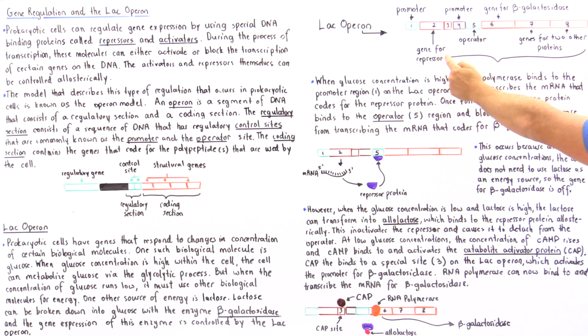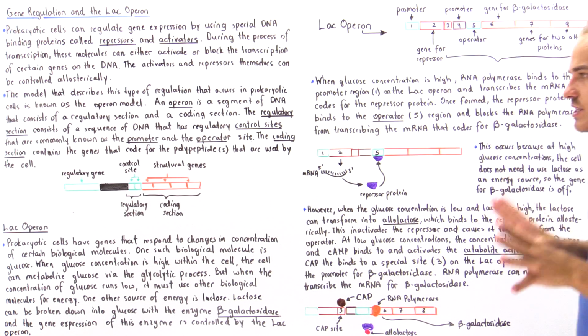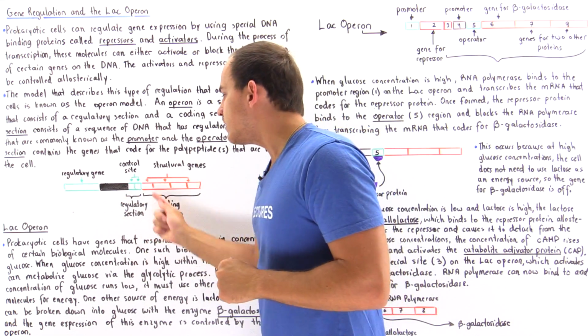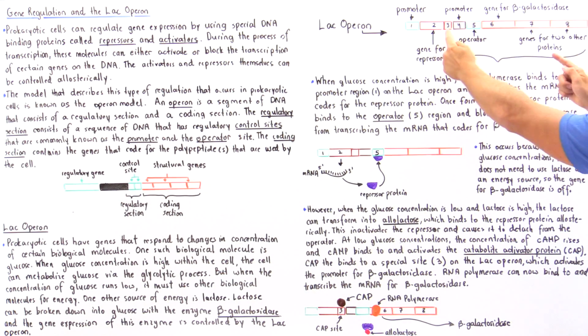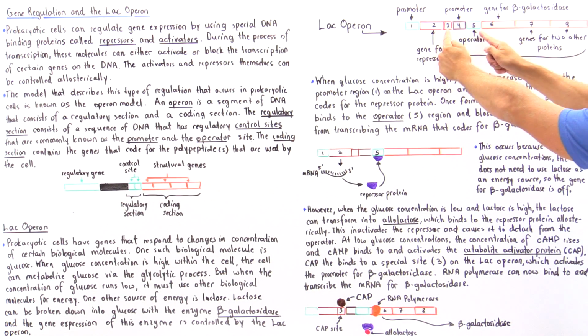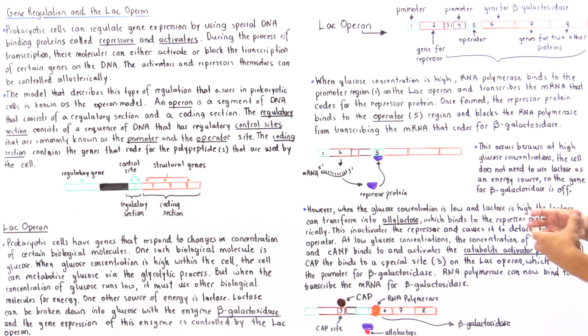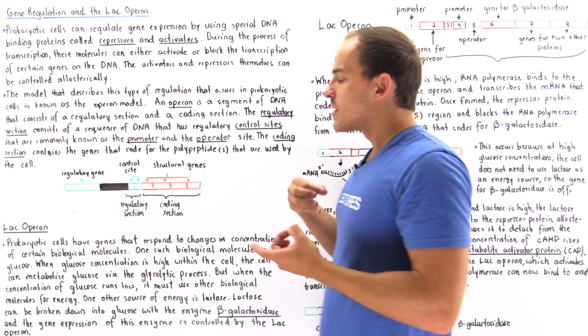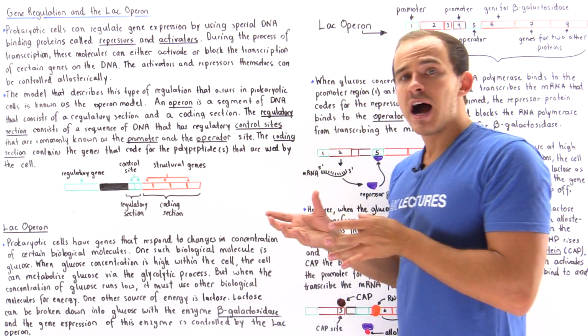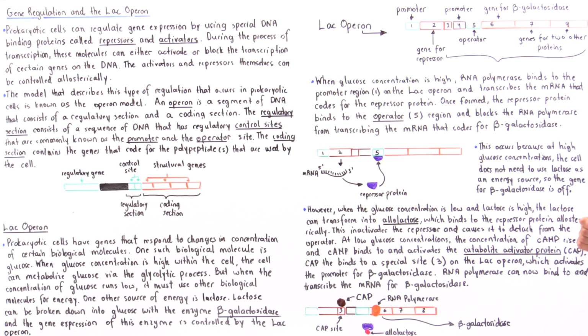So the Lac Operon consists of two sections. We have the regulatory section, which is basically this section here, and we have our coding section. The coding section basically consists of 3 genes that each code for a specific type of enzyme that is involved in the breakdown of lactose.